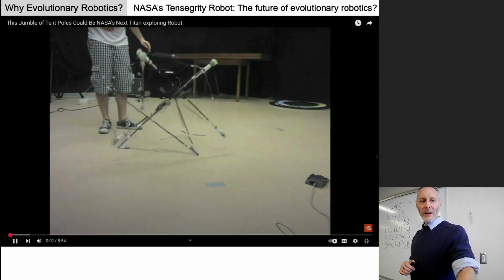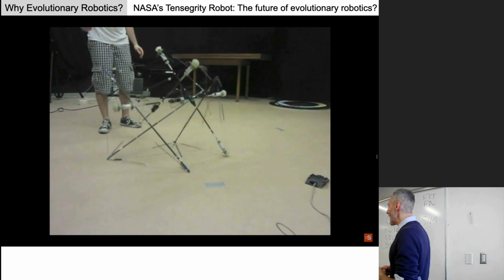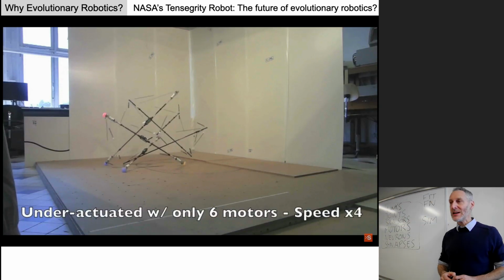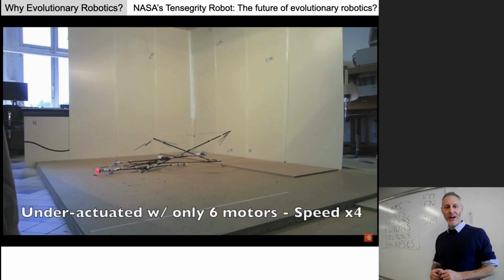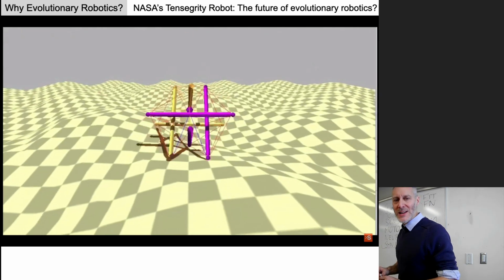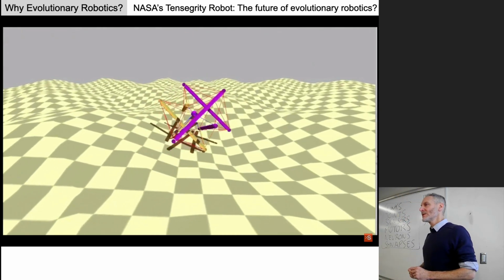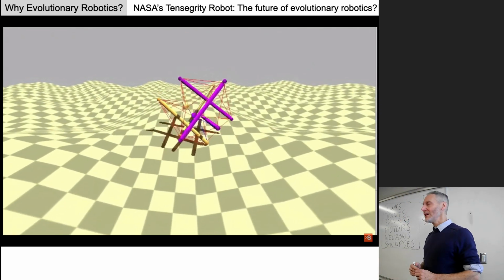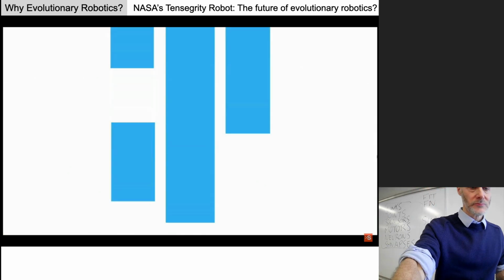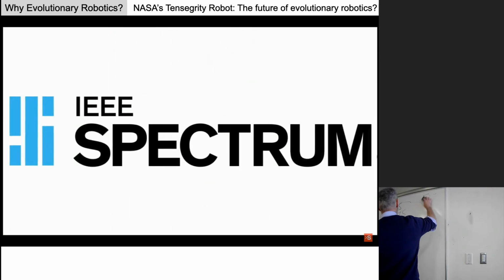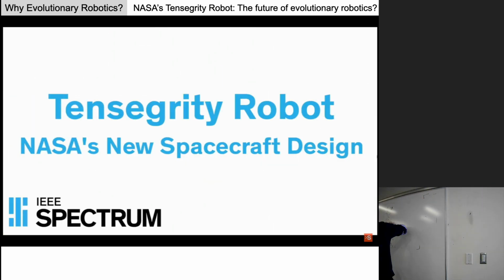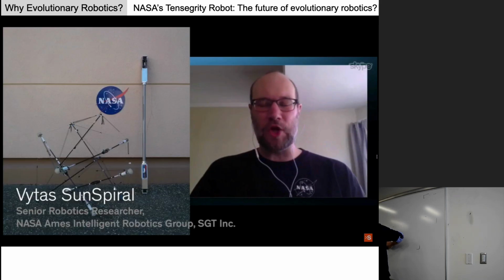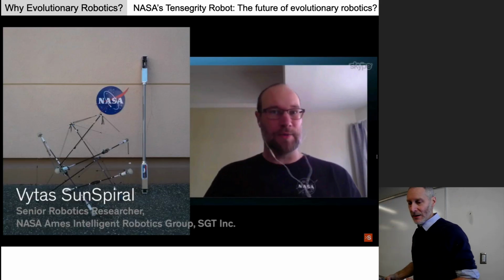Okay. We've been spending a lot of time talking about NASA. Turns out NASA actually is interested in evolutionary robotics. This is a project from about 10 years ago now to create Tensegrity robots. Okay.